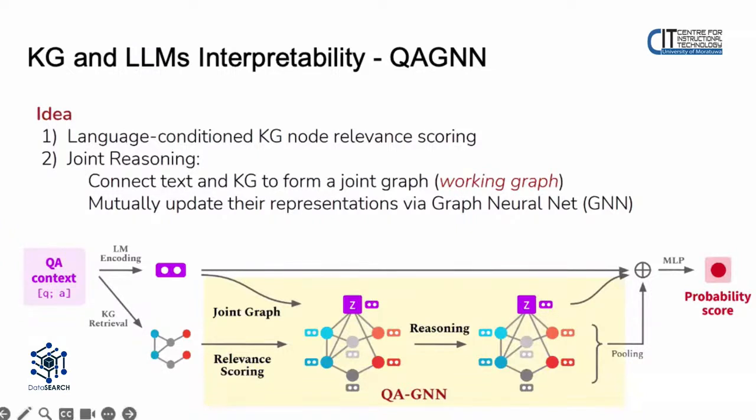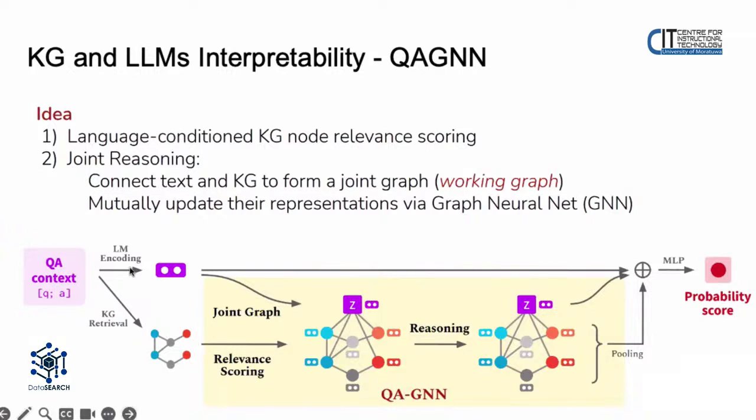So given a question and answer context, which is a question and certain answers, there is a language model that encodes it, and then there is knowledge graph retrieval. Based on the concepts in the question and answer, you retrieve a knowledge graph.